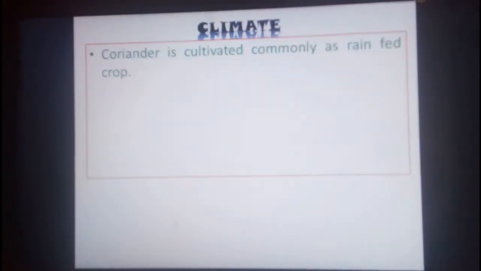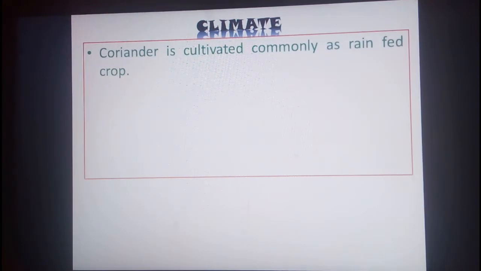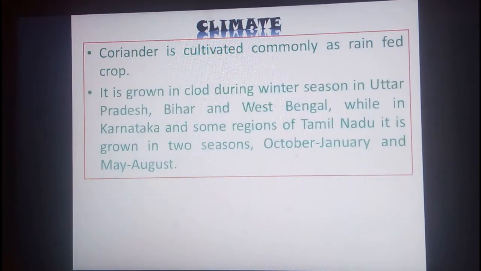Now coming to the climate, coriander is cultivated commonly as a rain-fed crop. This plant is grown in clods, meaning a lump of earth or clay, during the winter season in Uttar Pradesh, Bihar, and West Bengal, while in Karnataka and some other regions of Tamil Nadu, it is grown in 2 seasons.